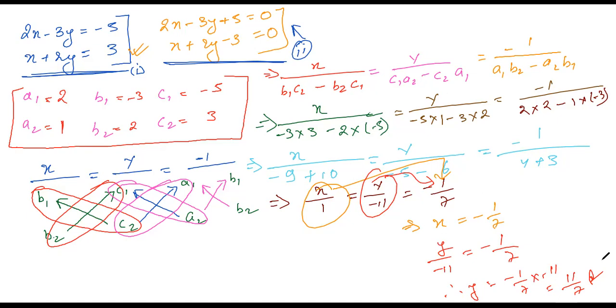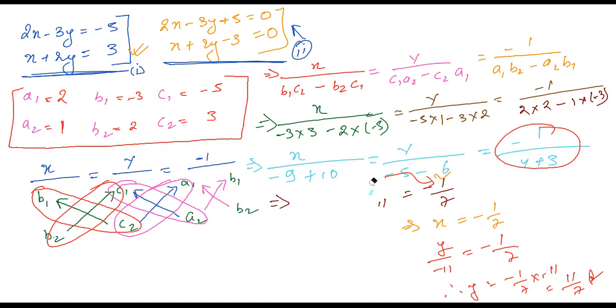Okay. So see, when you have got the values of x, y, and 1, after getting this, individually you need to solve for each of the values. Just a minute, again I'm doing this one.